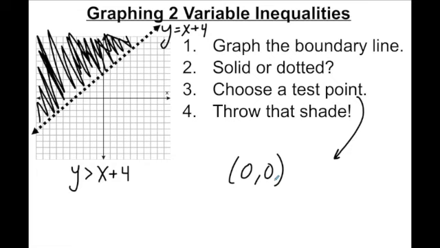In this case, we would get 0 is greater than 4, and we know that that is not true. And that allows us to say, well, because 0, 0 is false for this inequality, the false stuff is on the same side as 0, 0, and therefore the true stuff is on the other side of that boundary line. That allows us to do step 4, which is to put in the shading, or as I say, throw that shade.